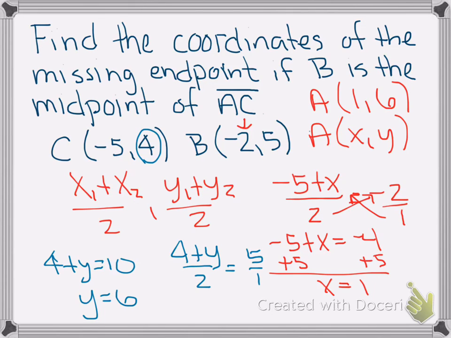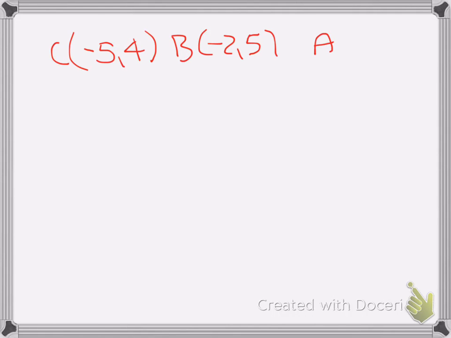Now, we could also think about doing this in a slightly different way. So again, C is at -5, 4, B is at -2, 5, and we're looking for A. Remember that the midpoint, by definition, is the point that's in the middle of the two endpoints.